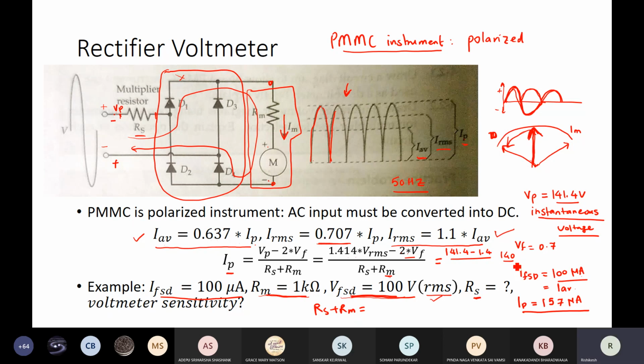So how much is this? 140 divided by 157 microampere. Something like 891 kilo ohm. Yes. Now subtract Rm from this, which is given as 1 kilo ohm. That will give me Rs as 890 kilo ohm.